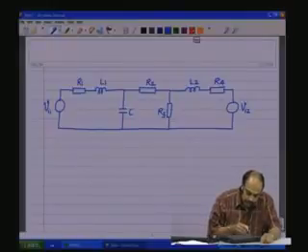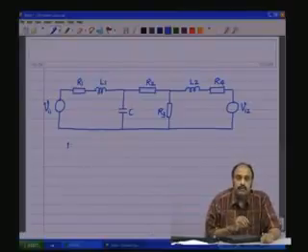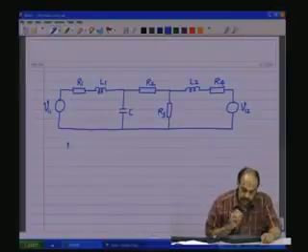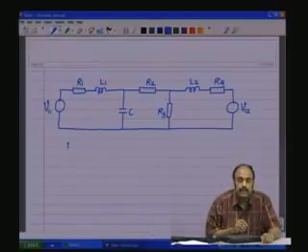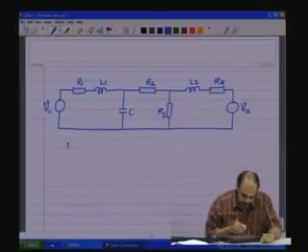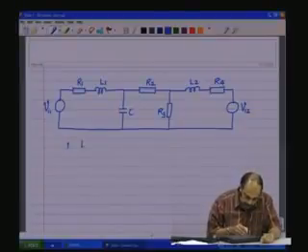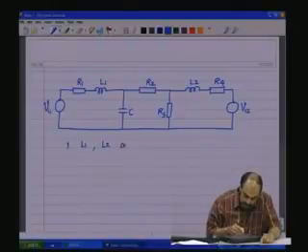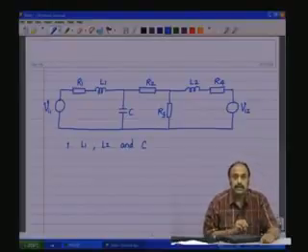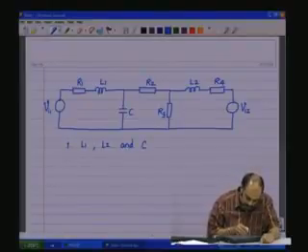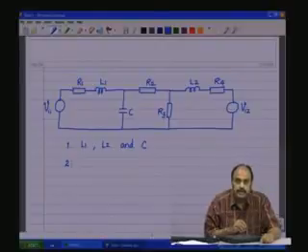So, the first step in our process of obtaining the state equations is to identify the energy storing elements. Here you have L1, C, L2, three energy storing elements, and therefore there have to be three differential equations to describe the circuit. So, L1, L2 and C, these are the energy storing elements that we need to be bothered about for the dynamics.